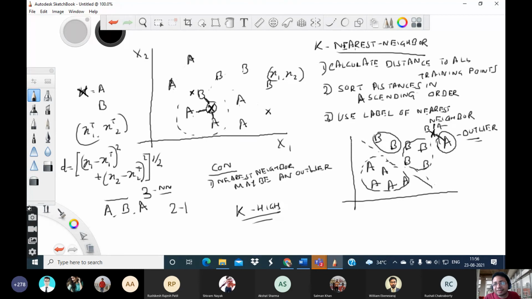What is k nearest neighbor? It is just like nearest neighbor. First, calculate the distance to all the training points. Second, sort the distances in ascending order.